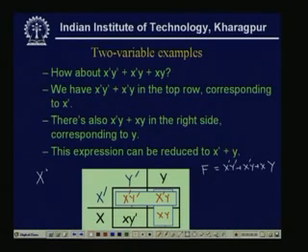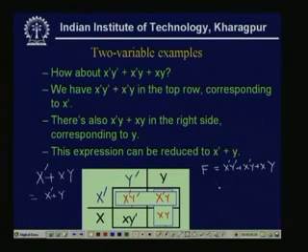Now, another term is there, that is xy. Now, x dash plus xy is nothing but x dash plus y, from the theorem.